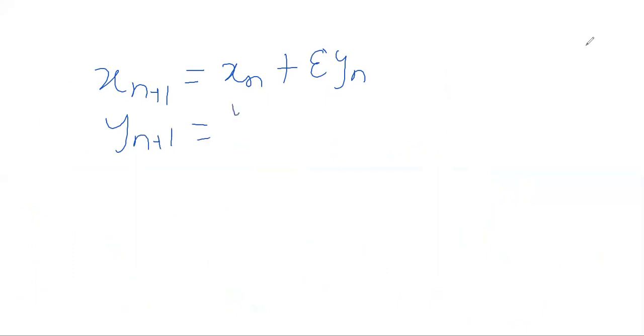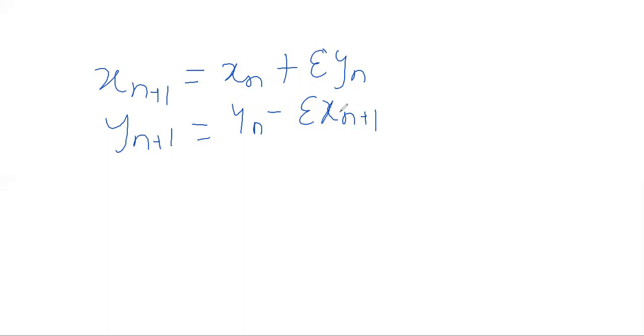Yes, yn minus epsilon of xn plus 1. So whatever previous calculated value you got here, the same value you need to use there. Okay, as soon as you will get this value, you need to write this value over here.